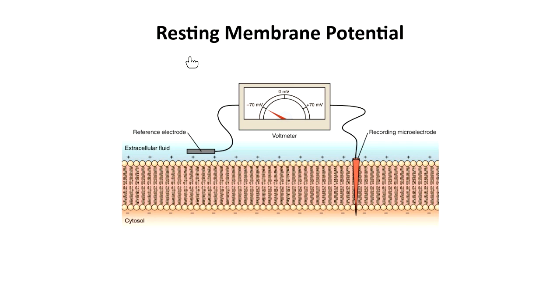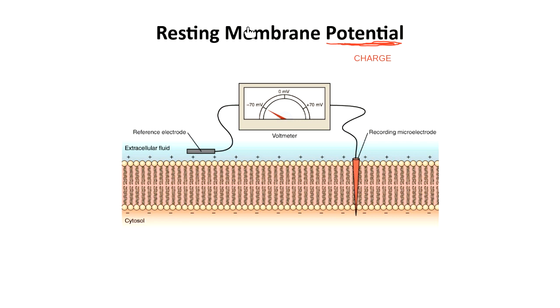It's called resting membrane potential. We're going to break this down a little bit. This word potential right here, whenever you see potential, I want you to be thinking charge, as in an electrical charge. So whenever we see the word potential, we should be changing that in our mind to charge.